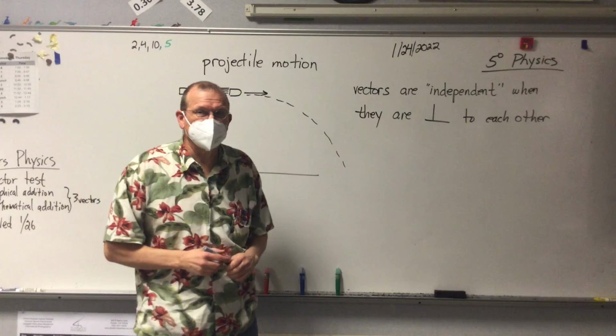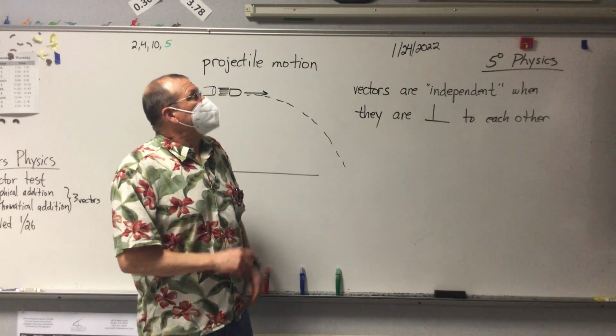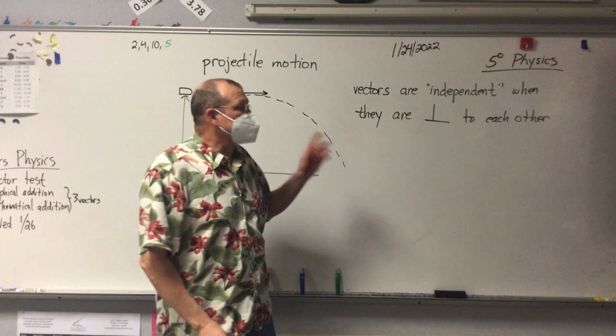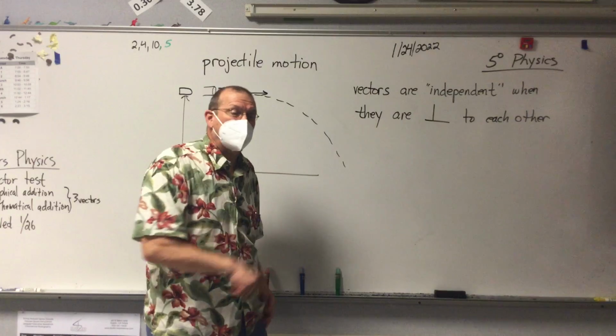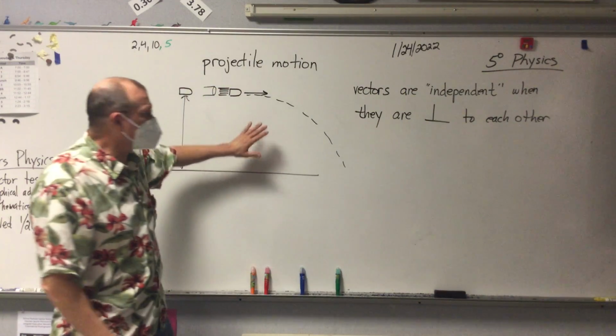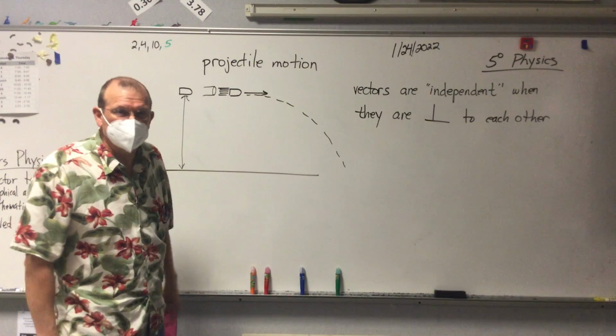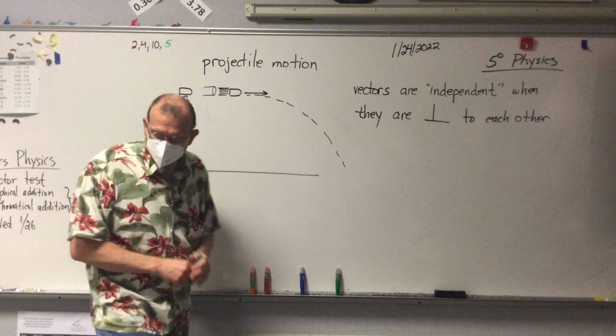And independent is kind of a fancy term that means what is happening in one dimension does not impact the other dimension. So in this particular example with the two bullets, we are in a two-dimensional situation.